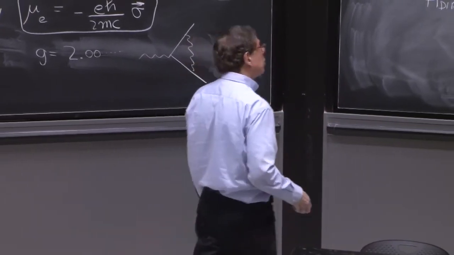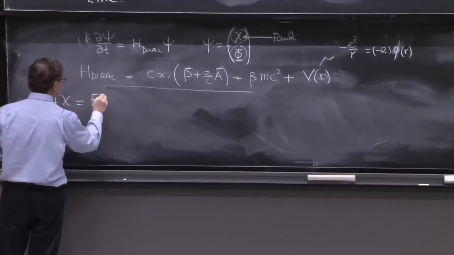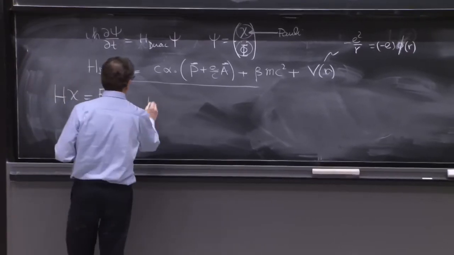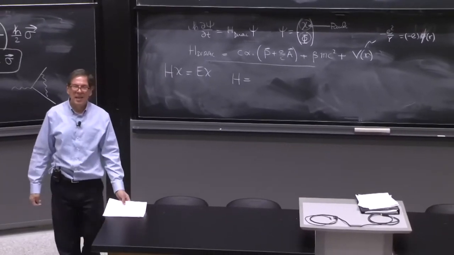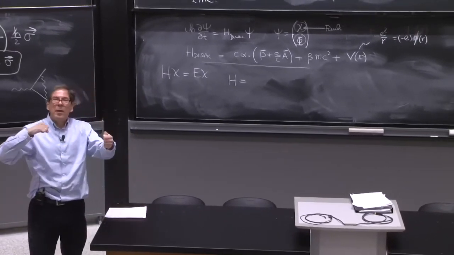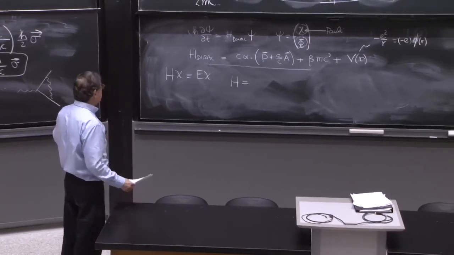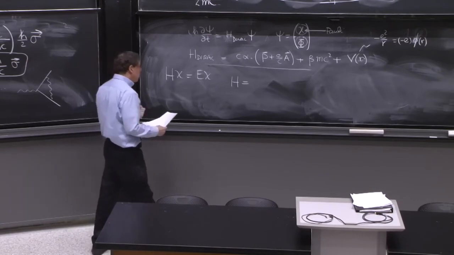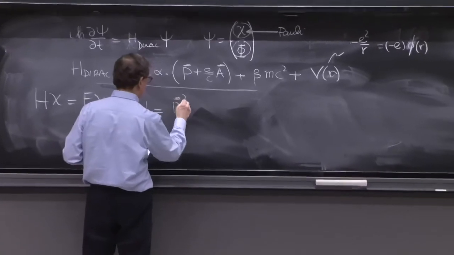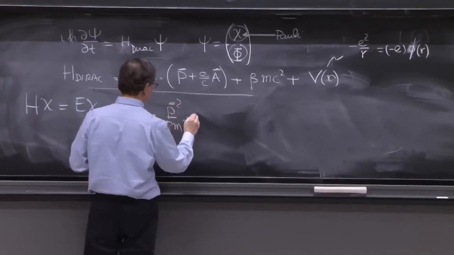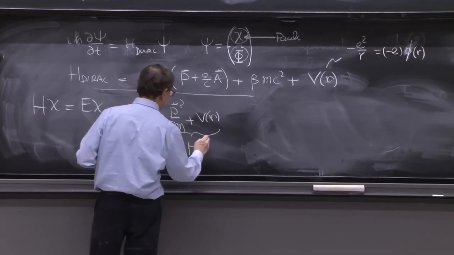what happens? What you get is an H chi equal E chi. And H is what? Here is the grand prize. From the Dirac equation, we can rewrite the Hamiltonian of the hydrogen atom in a more accurate way, a more complete Hamiltonian. And it has p squared over 2m plus V of r, which is what we've called H0.